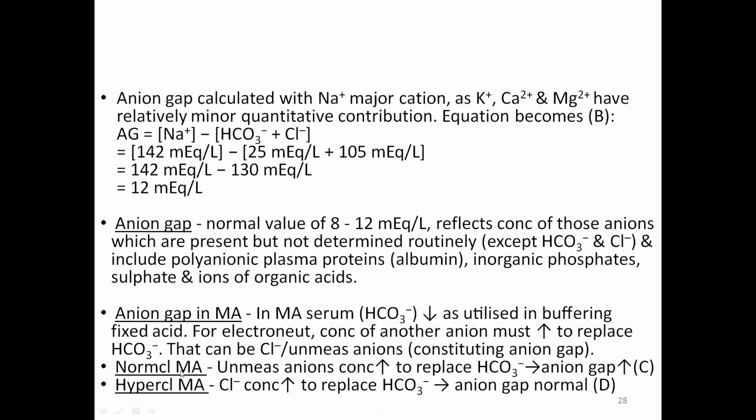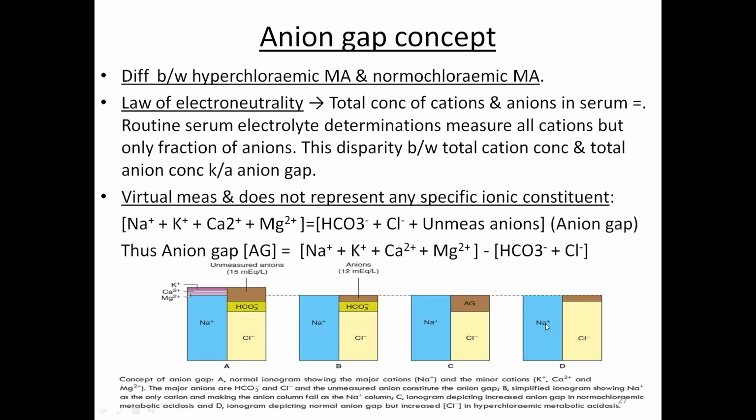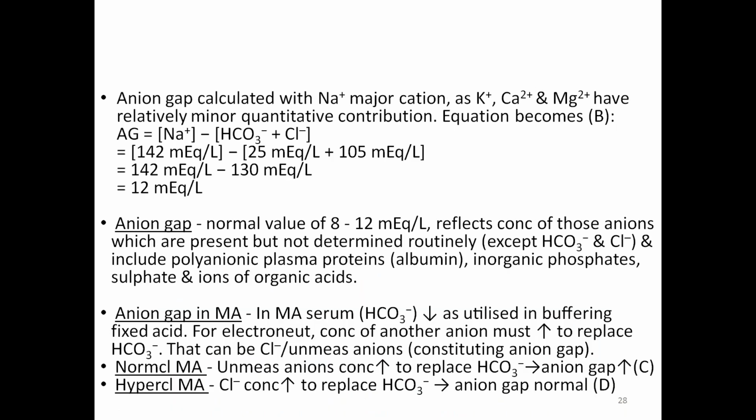This is your normochloremic metabolic acidosis. But in the case of hyperchloremic metabolic acidosis, the chloride concentration will go up further to replace the bicarb. So this is your situation in hyperchloremic metabolic acidosis.